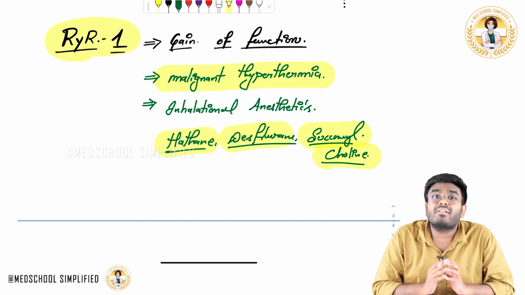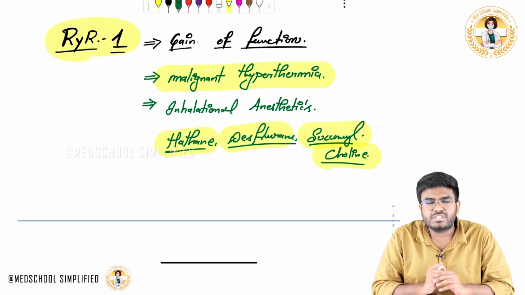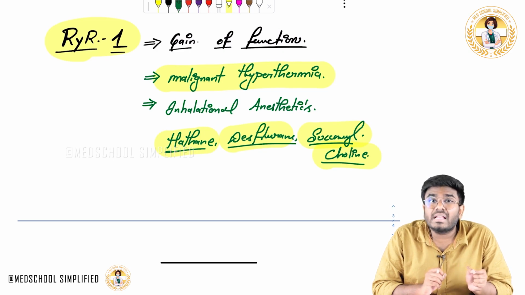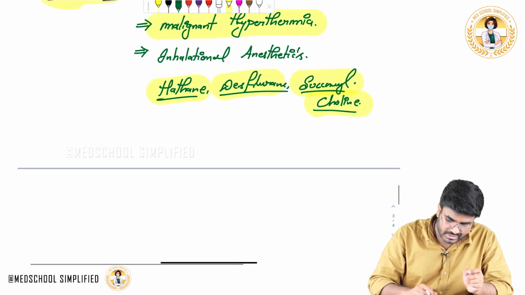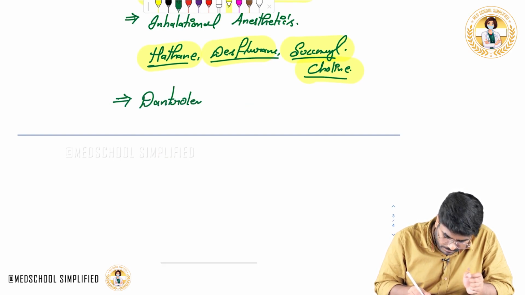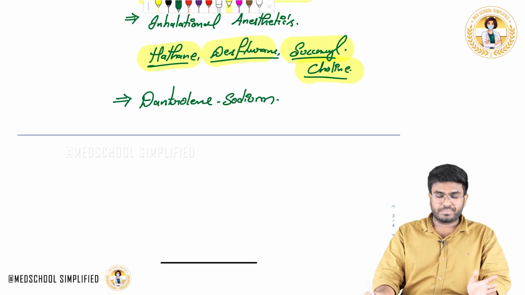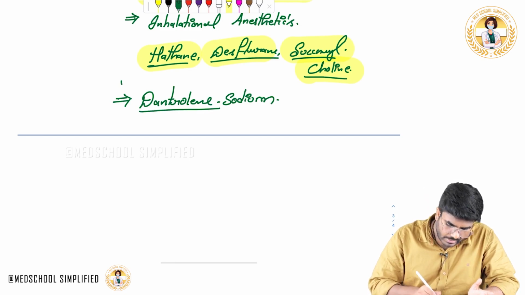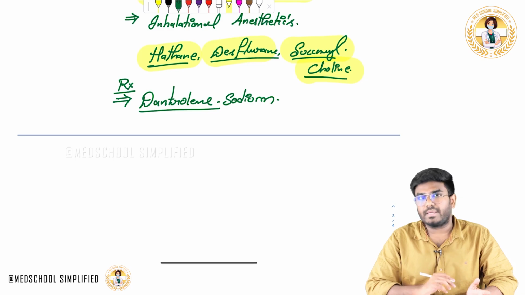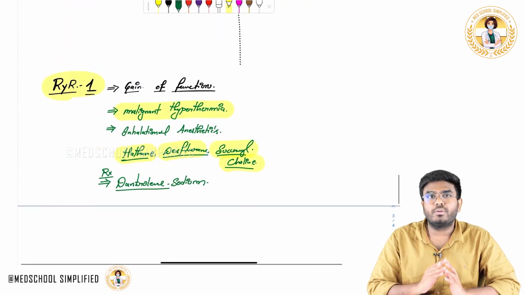You need to block the RYR channels. The RYR channel is the problem, right? It is continuously releasing the calcium. So the RYR channel needs to be blocked, and the drug used is dantrolene sodium. Dantrolene sodium is a ryanodine receptor channel blocker, which is used in the treatment of malignant hyperthermia. This is one integration which you need to know.